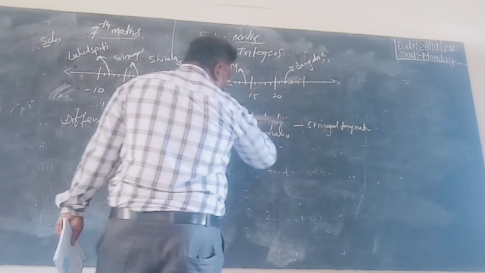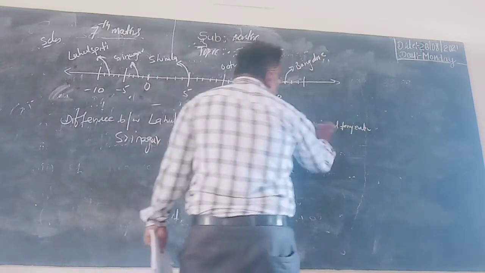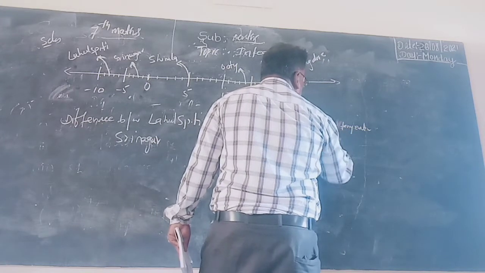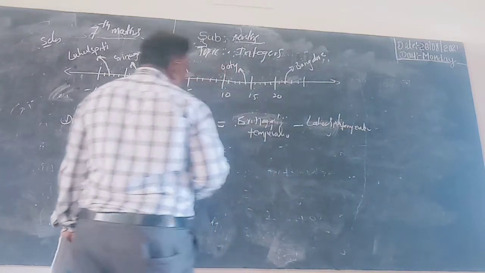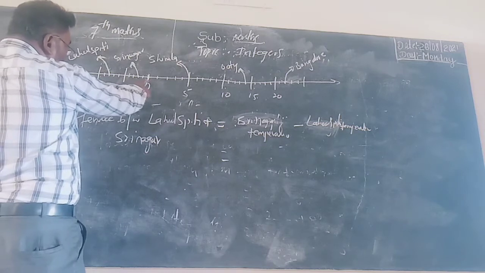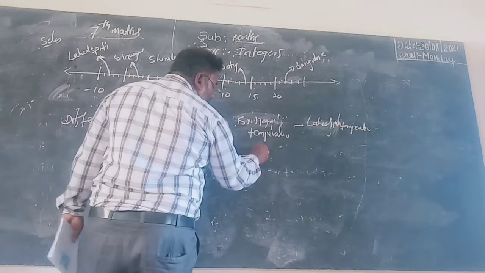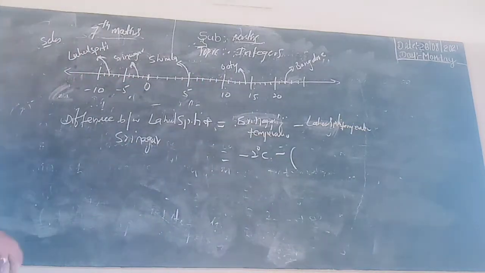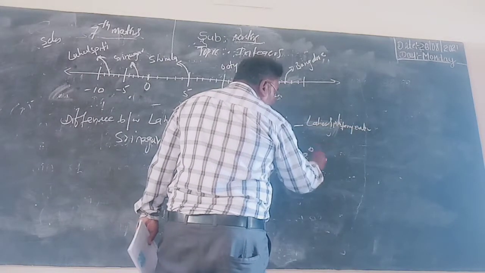Okay, so first we take Srinagar, next Lahul Spiti. Srinagar's temperature is minus 2 degrees centigrade, minus Lahul Spiti's temperature, minus 8 degrees centigrade.